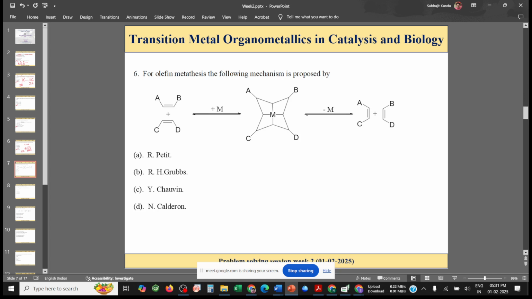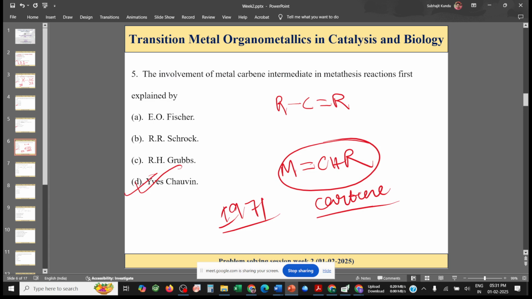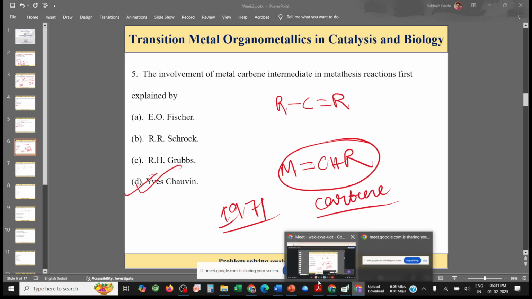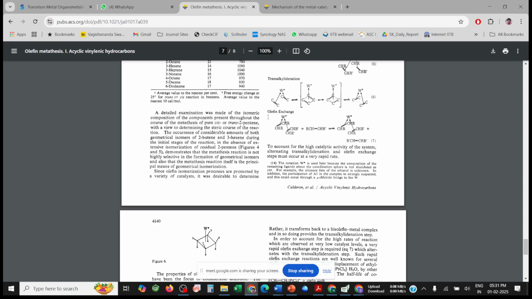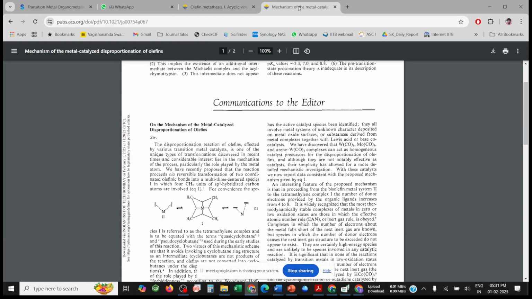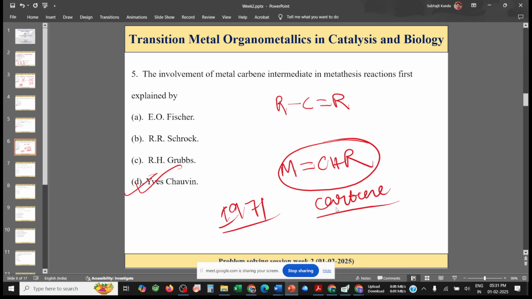The last or sixth question is on olefin metathesis. The following mechanism is proposed by this paper. No, not this one, the next question.